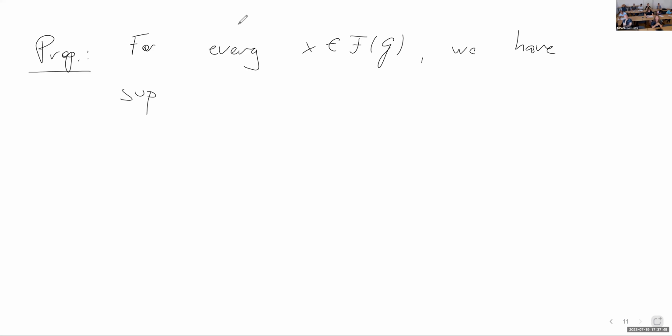This is the proposition: for every x in the free star algebra generated by G, if we take the supremum of these seminorms, this is bounded.